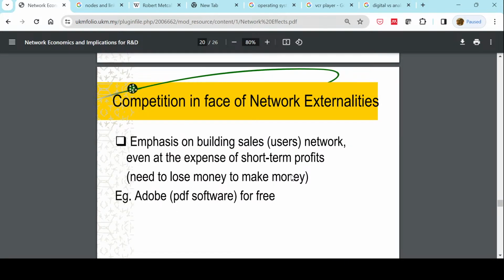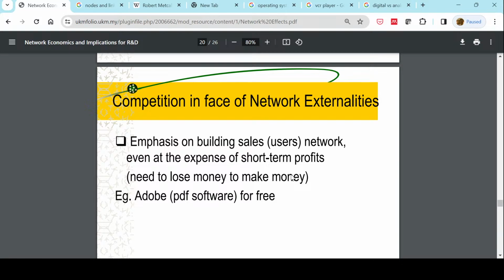Competition in the face of network externalities, emphasis on building sales, users, network, even at the expense of short-term profits. So, need to lose money to make money. Example, Adobe. In the past, in late 1990s, before that, we don't have the word in the dictionary even, virus. And the word virus came after computers became malfunction because of something in the program.